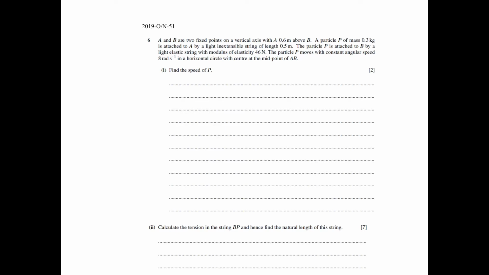A and B are two fixed points on a vertical axis with A 0.6 meter above B. A particle P of mass 0.3 kg is attached to A by a light inextensible string of length 0.5 meter.